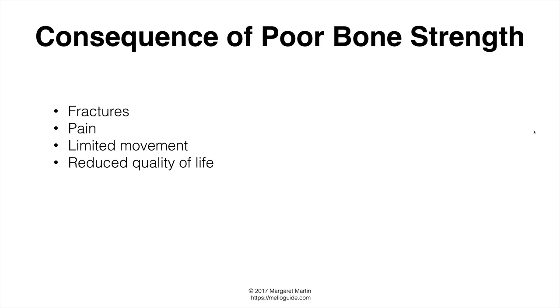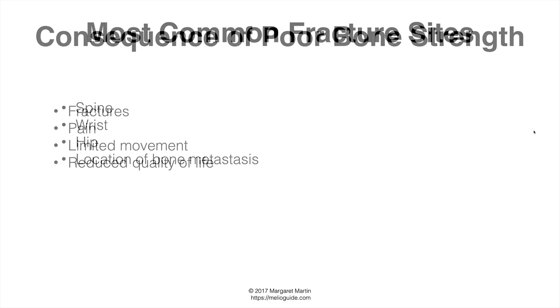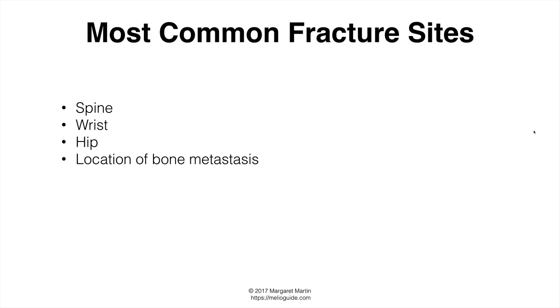So what are the consequences of poor bone strength? Well, one is obvious, and that's fractures. And not all fractures lead to pain, but they do certainly lead to limited movement and reduced quality of life. And where are the most common fracture sites? Well, if we go back to looking at the types of bone, the areas in our body that have more trabecular bone will be more impacted.